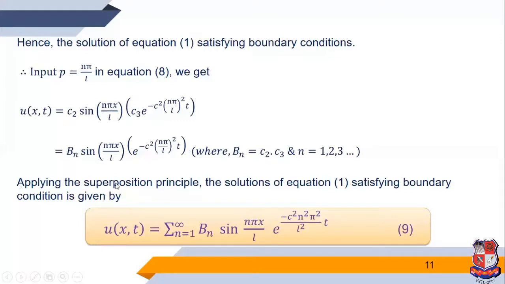Now applying the superposition principle, the solution of equation 1 satisfying the boundary condition is given by u(x,t) equal to the summation n is 1 to infinity of bn sin n pi x by L e raised to minus c square n square pi square by L square into t. Equation number 9.